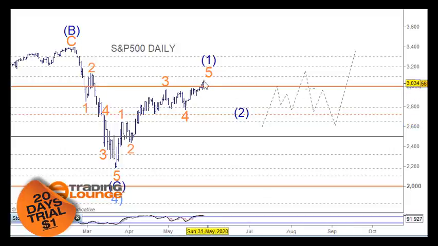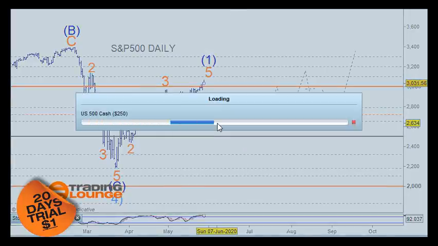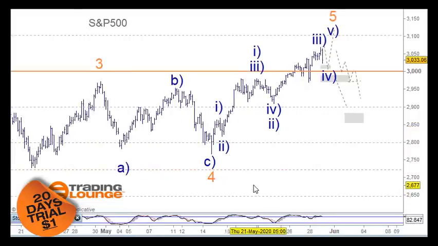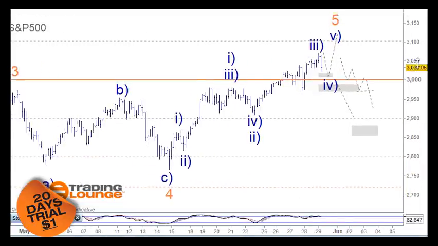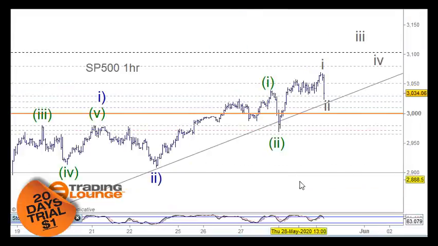If the pattern stays the same, then we'll be looking at the 4-hour chart here, and we would need to look at that as wave 3 and wave 4, and in that case we would see another move up higher from that point. So this count can actually be counted like this.